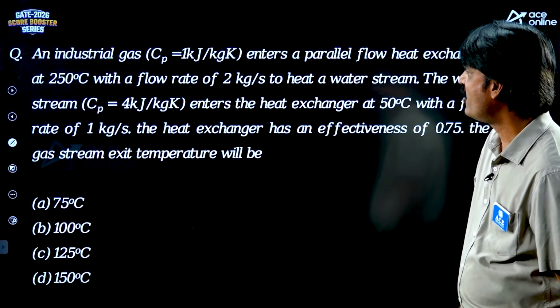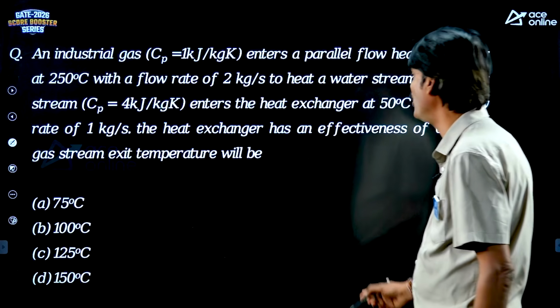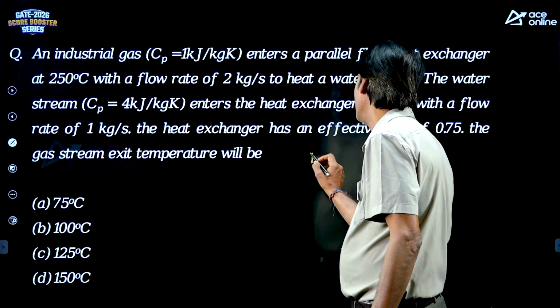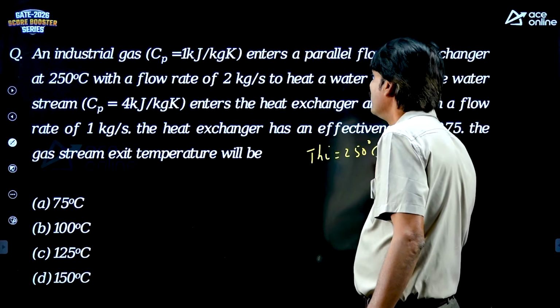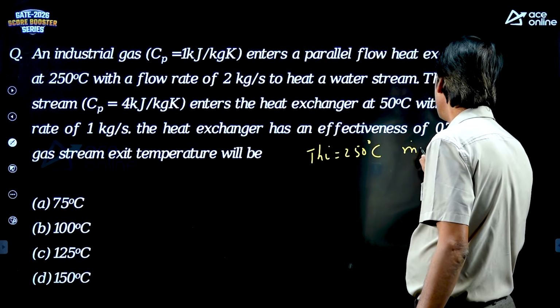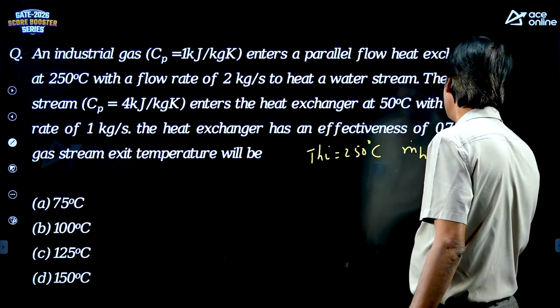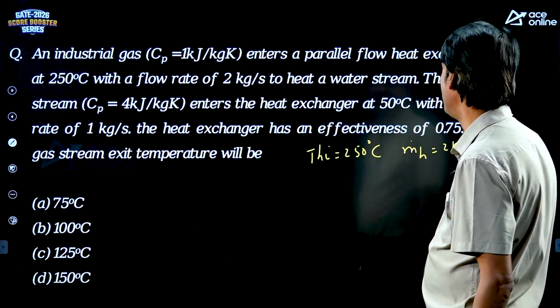Then, an industrial gas enters a parallel flow heat exchanger at 250 degrees centigrade. THI is 250 degrees centigrade, with a flow rate of 2 kg per second, m dot h is 2 kg per second, to heat a water stream.